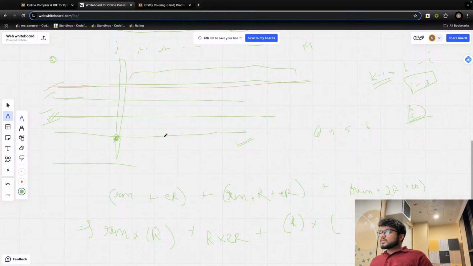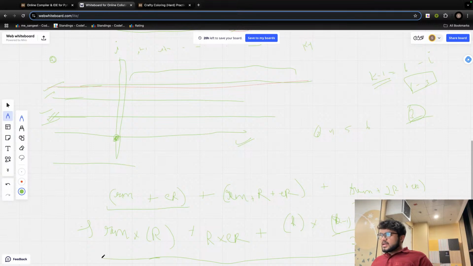For this we don't have anything. For this we have 1, 2, 3. So the number of rows, or we can say quotient, is 4. So quotient minus 1 into quotient by 2, right?